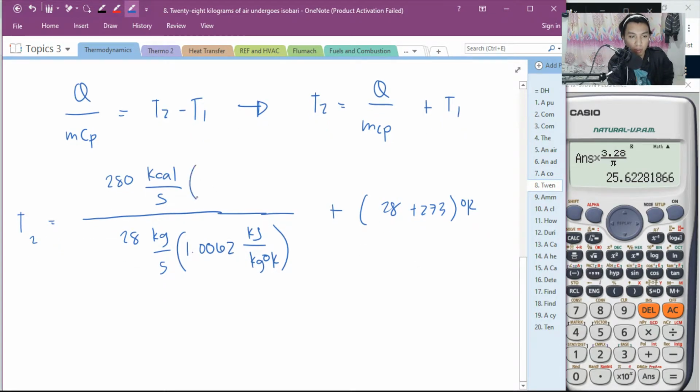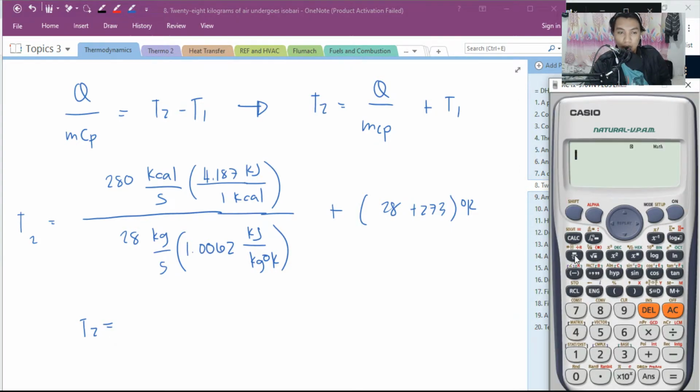Kcal. Okay, dapat 'to naka-kilojoule din. So, 1 kilocalorie is 4.187 kilojoule per kilocalorie. Cancel the same units, T2 yung pala nawawala sa atin.